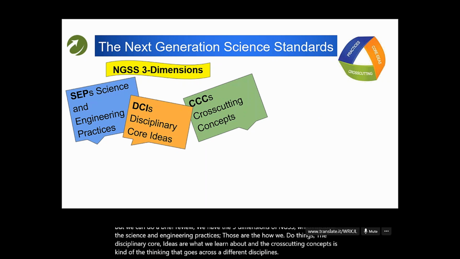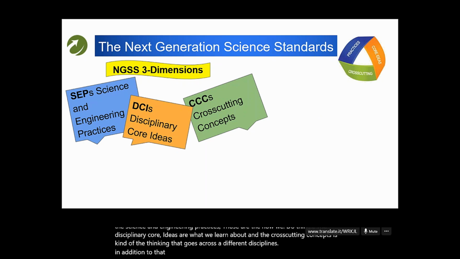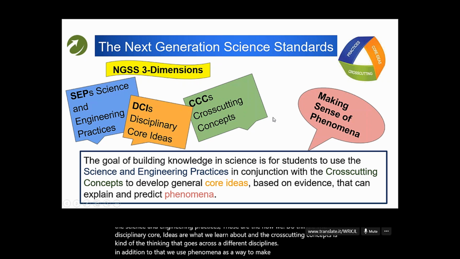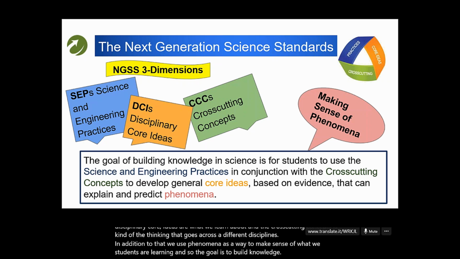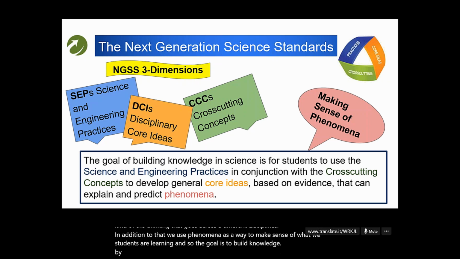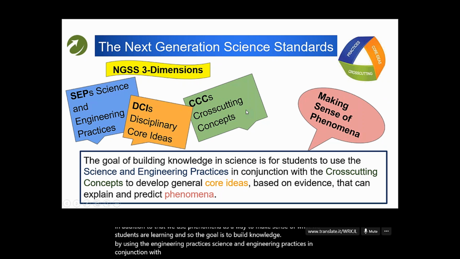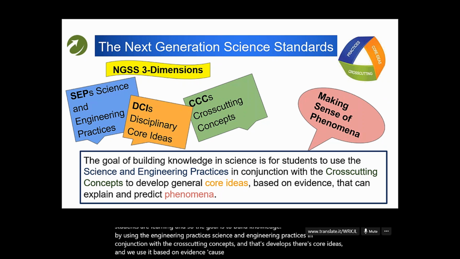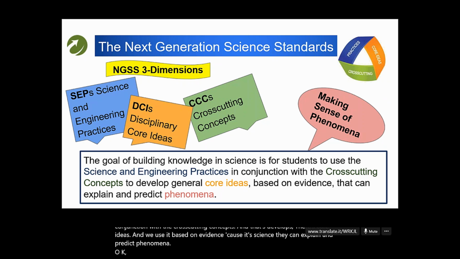In addition to that, we use phenomena as a way to make sense of what students are learning. And so the goal is to build knowledge by using the science and engineering practices in conjunction with the cross-cutting concepts. And that develops their core ideas, and we use it based on evidence because it's science, and they can explain and predict phenomena.